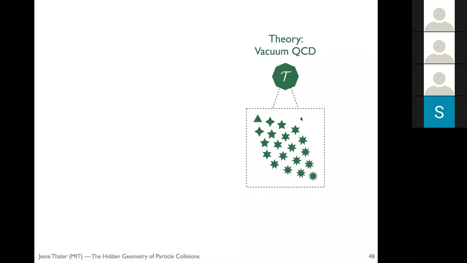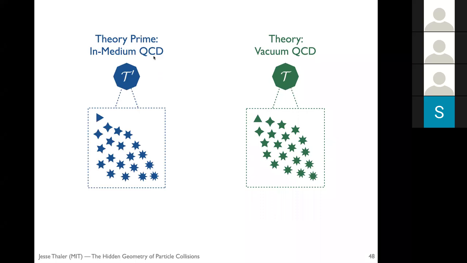Well, you can imagine QCD in vacuum as corresponding to a theory that gives you various jet configurations. But if I take QCD at finite temperature and density, QCD in medium, that gives rise to jet configurations which are different than the ones I had in vacuum.